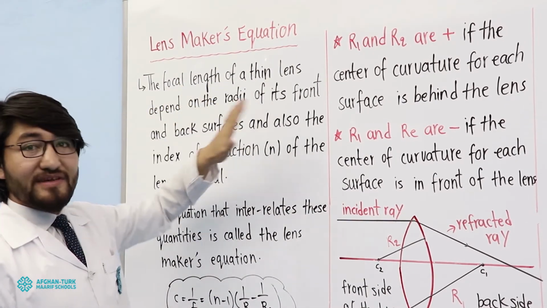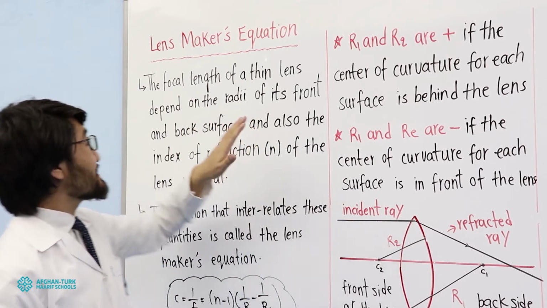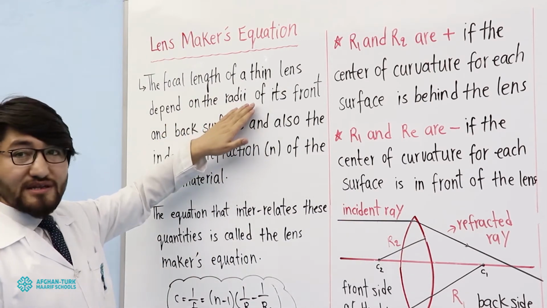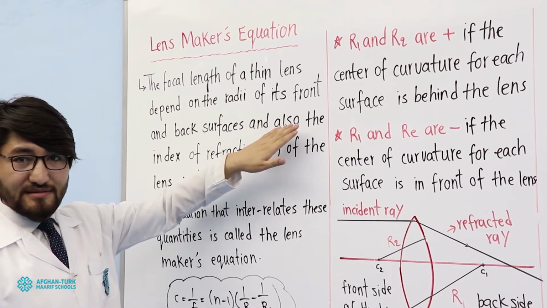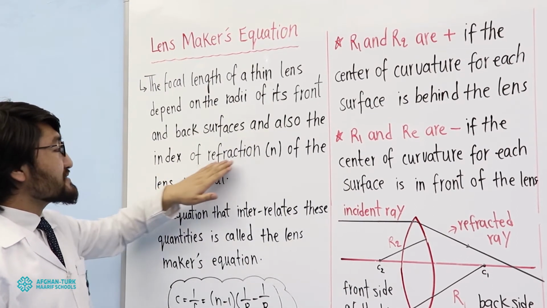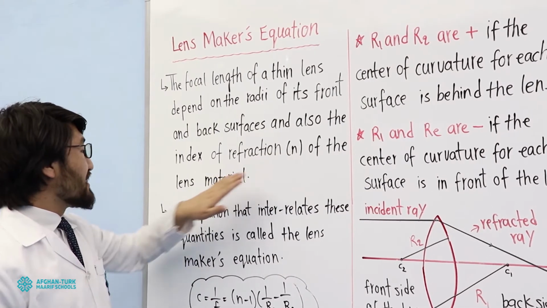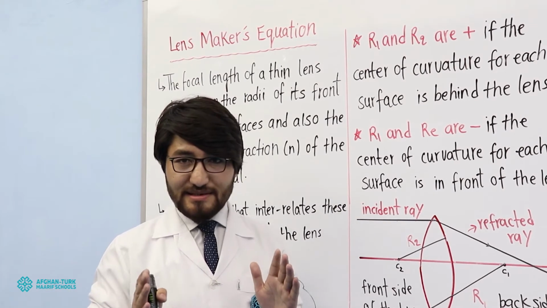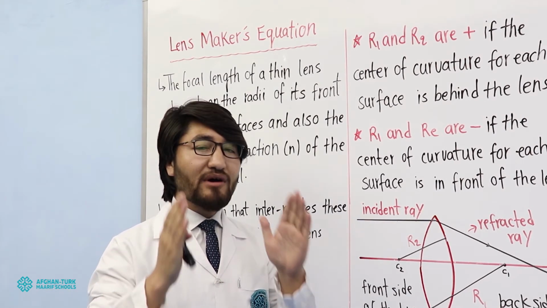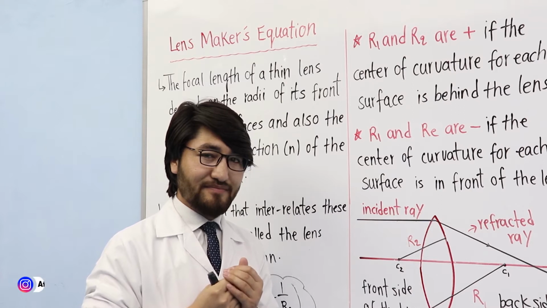The focal length of a thin lens depends on the radii of its front and back surfaces, and also on the index of refraction of the lens material. The power of a lens depends on focal length.